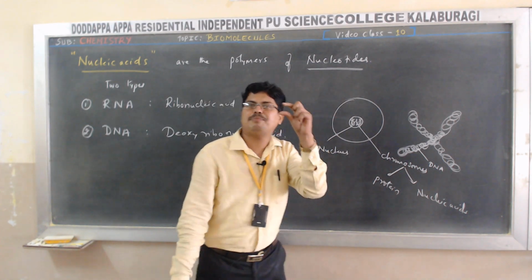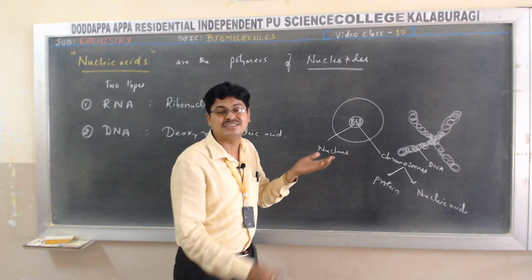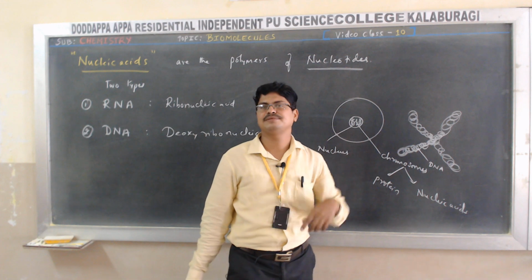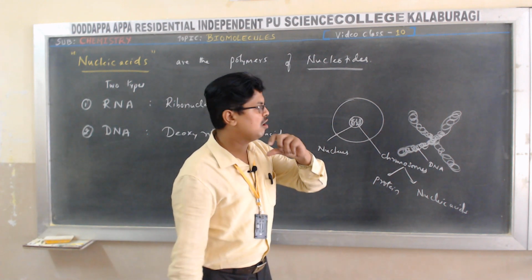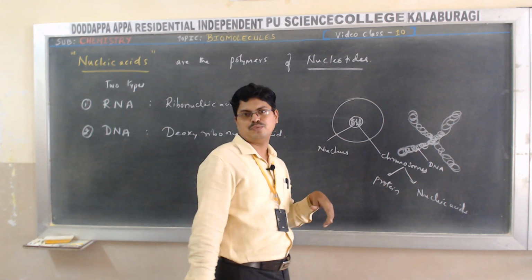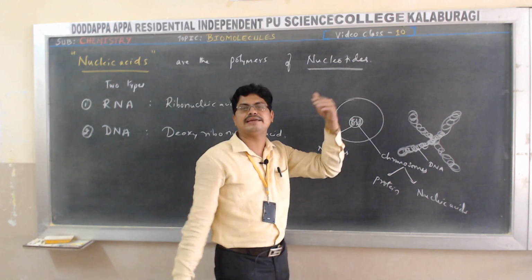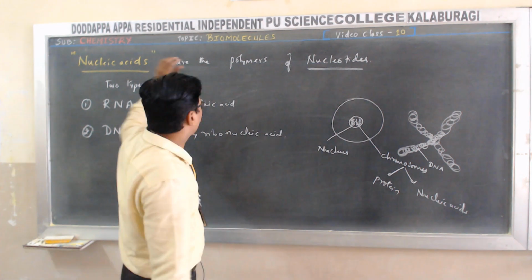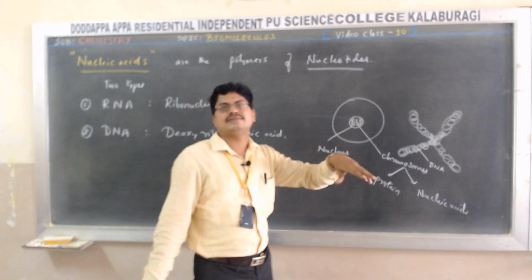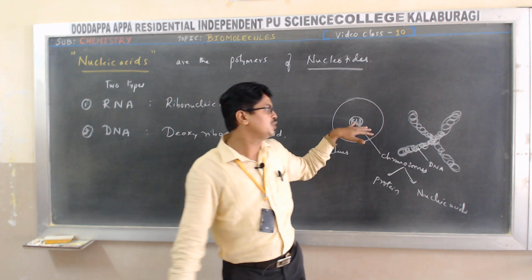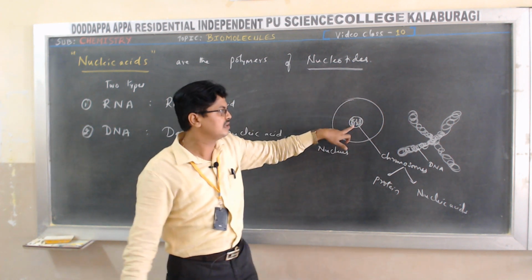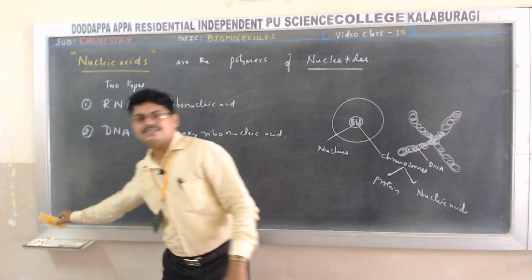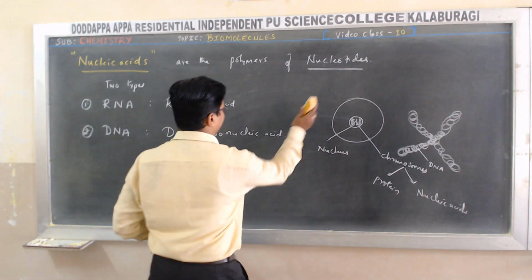Again, a particular portion of the DNA, which consists of a particular sequence of nitrogen base pairs, we call a gene. A gene is a small portion of DNA which contains particular nitrogen base pairs. So this is about where nucleic acids are present: inside the nucleus, in chromosomes. Next, let us focus on the composition of nucleic acid.